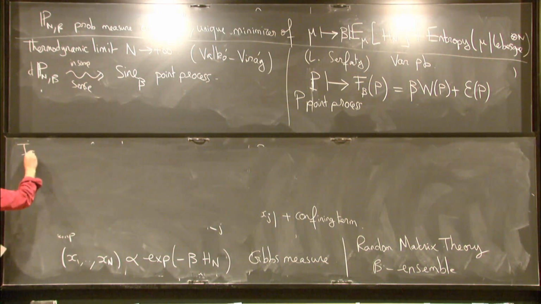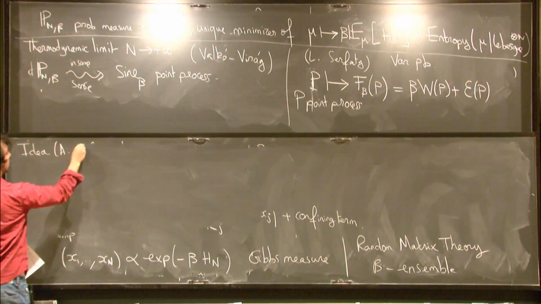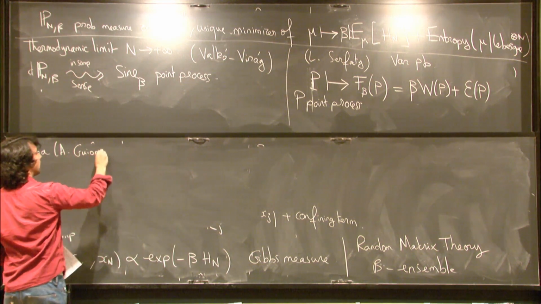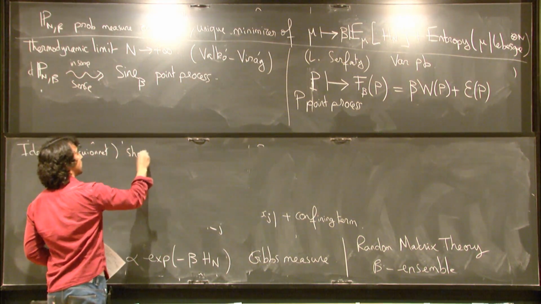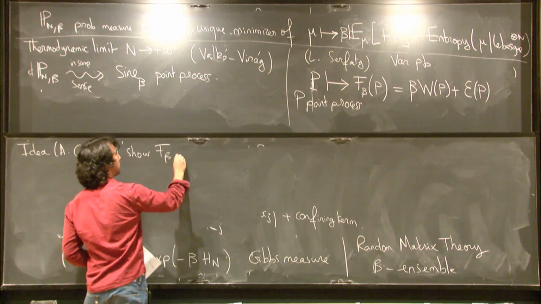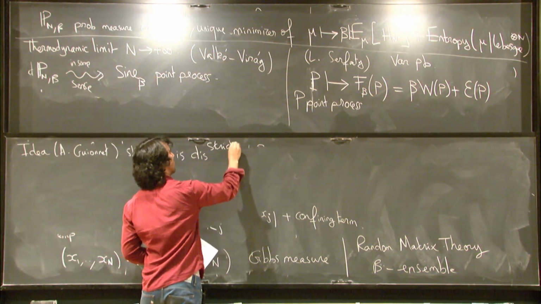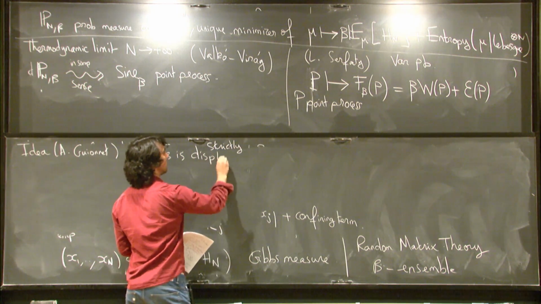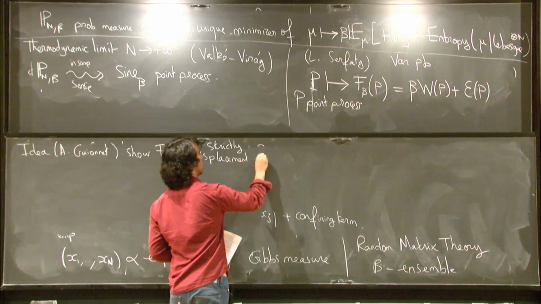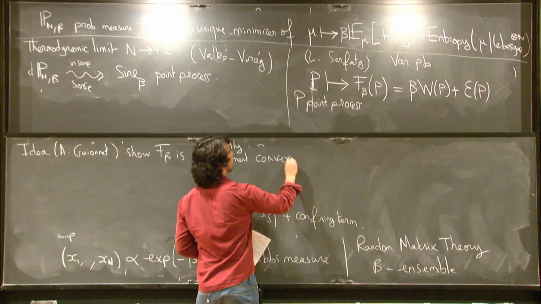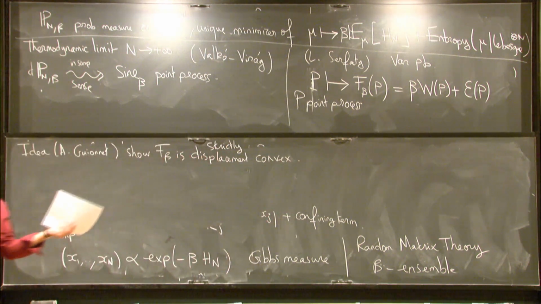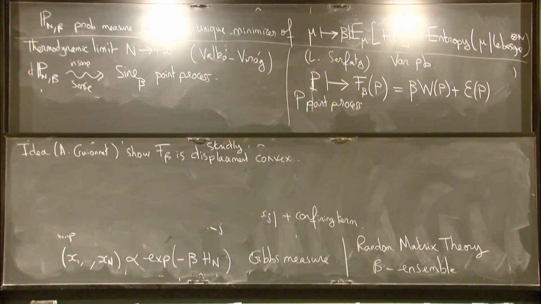So the idea that Alice gave was to show that f beta is strictly displacement convex in some sense, but there is no theory of optimal transportation at the level of point processes. So you have to cook it up for yourself.